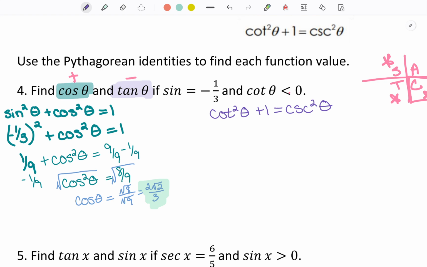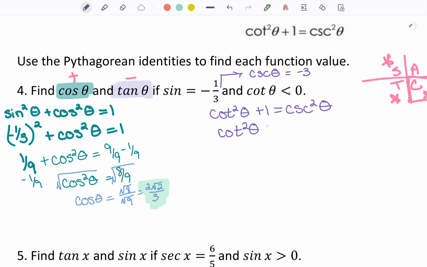And so we will find our cotangent, and then we will use that reciprocal to find our tangent. Now we do know that since sine is negative 1/3, then that means that cosecant theta is equal to negative 3, because we can use that reciprocal. So that gives us a jumping off point.